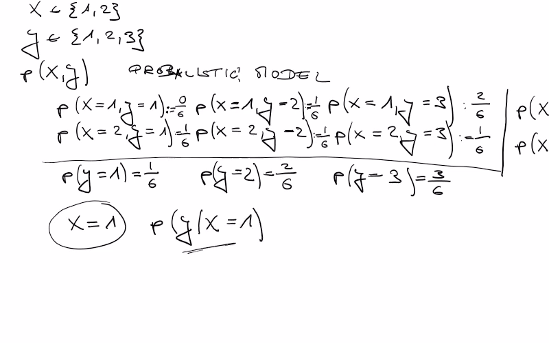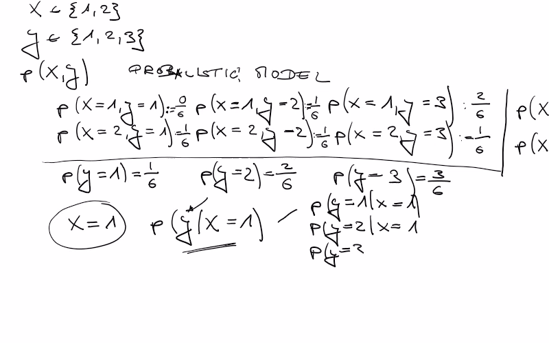And if you see something like this, you should always think of the fact that y can take on different values. So in fact, what is meant by this short statement is the probability that y equals 1 given x equals 1, the probability that y equals 2 given x equals 1, and the probability that y equals 3 given x equals 1.